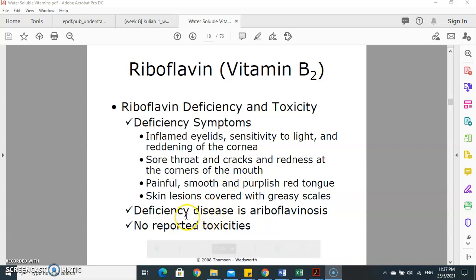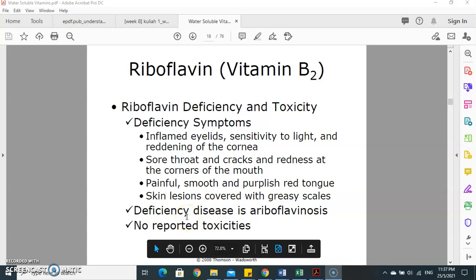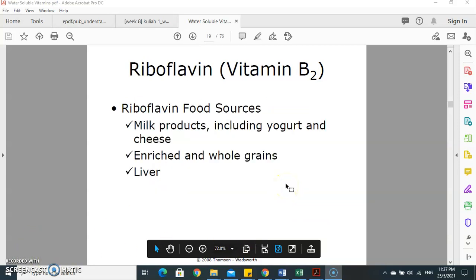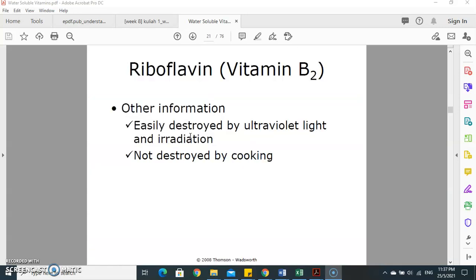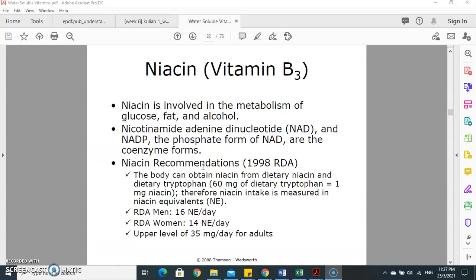So bila berlaku deficiency, it is also known as ariboflavinosis. Tapi setakat ini there's no reported toxicity. So sumber dia macam saya beritahu tadi banyak dalam susu.